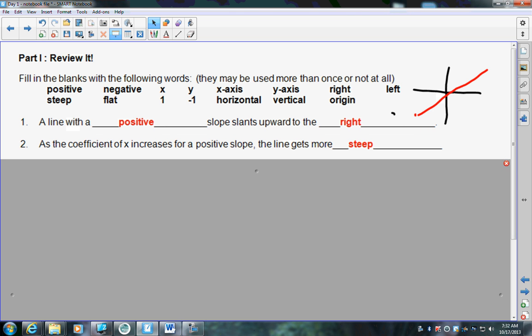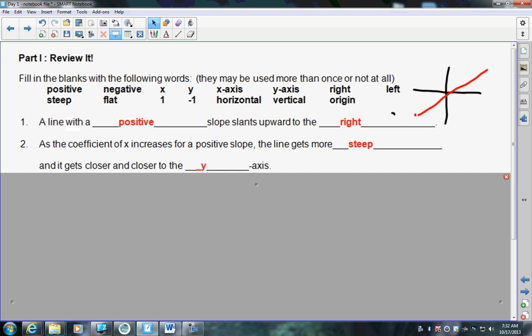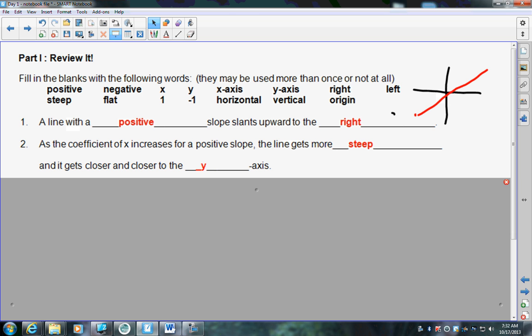The next blank says, as the coefficient of x increases for a positive slope, the line gets steeper. So the larger your slope is, the steeper the line gets, and it gets closer and closer to the y-axis.